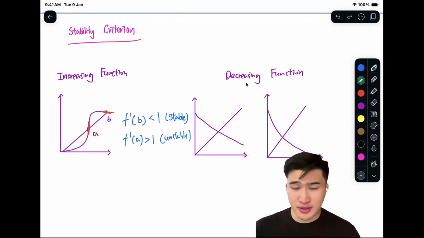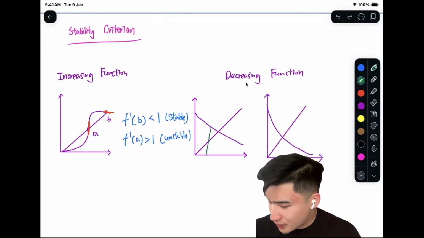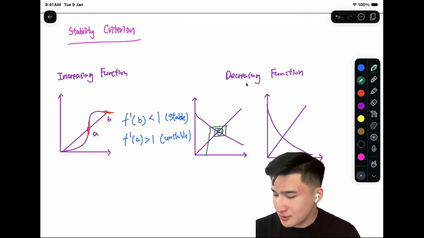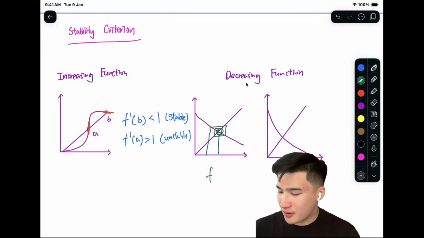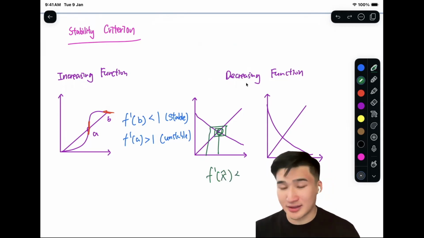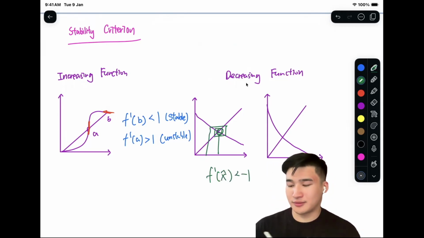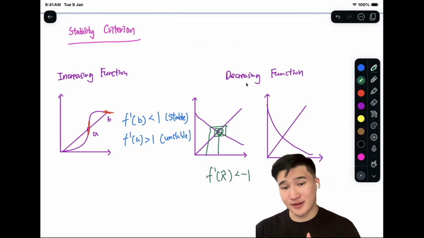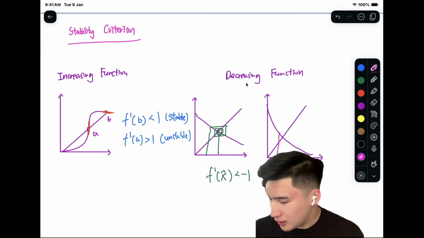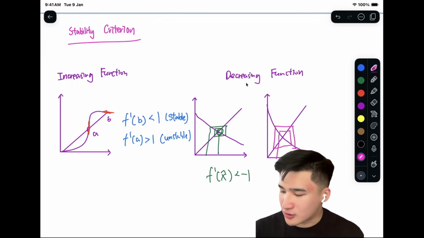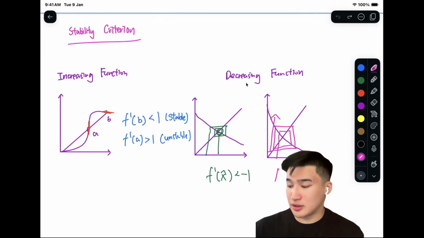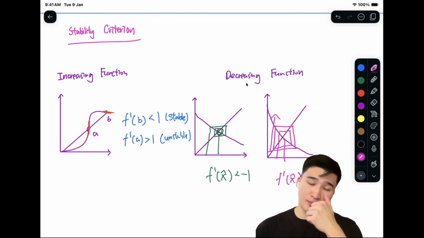Actually, same for the decreasing function. The reason we can have a stable spiral is because here our f prime of x hat is actually greater than -1. Okay, it's going down, so it's negative, right? So here you can see that we're spiraling out of control. It is because our slope, our f prime at our x hat, is less than -1.